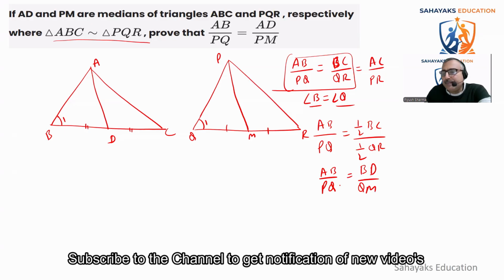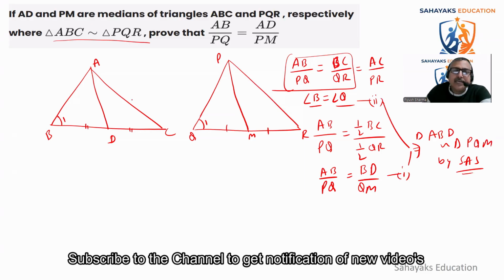This is 1 and this is the second one, with 1 and 2 we can say it implies that triangle ABD is similar to triangle PQM by SAS similarity.